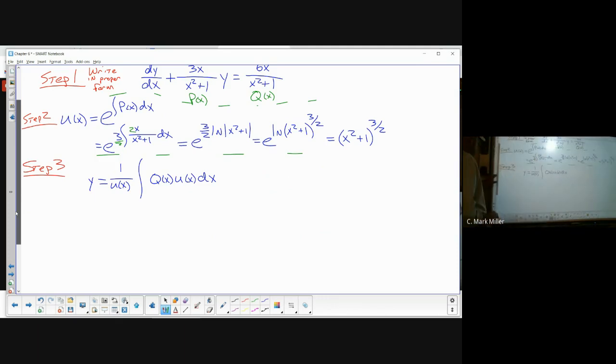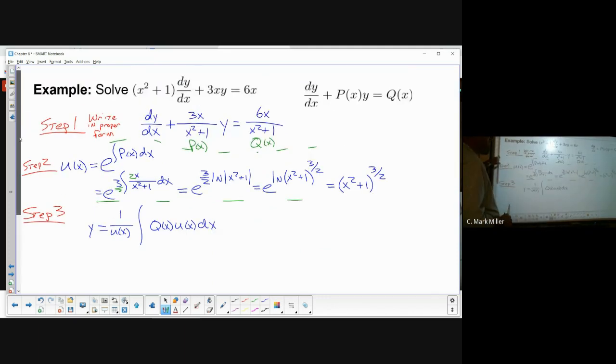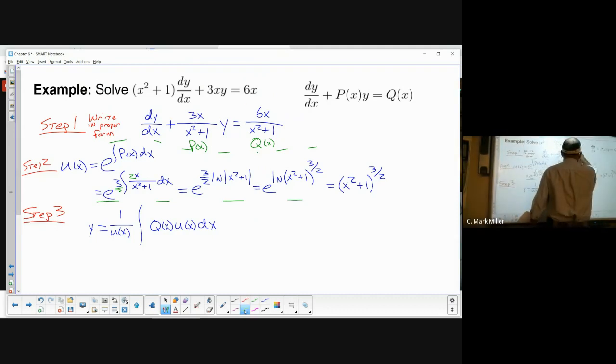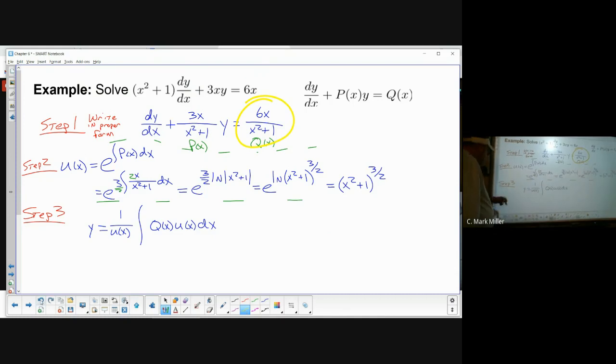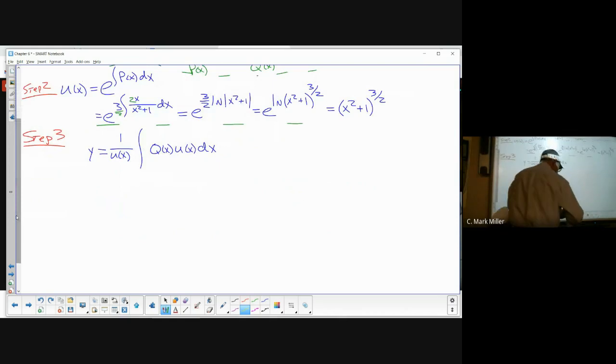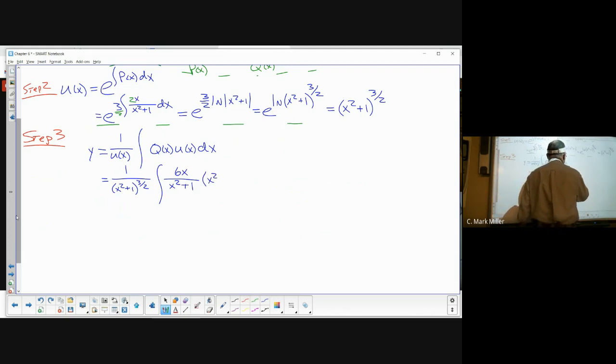In our case, our q of x is right here, 6x over x squared plus 1. So that's going to be 1 over u of x, which is x squared plus 1 to the 3 halves, integral q of x, 6x over x squared plus 1, times x squared plus 1 to the 3 halves dx.